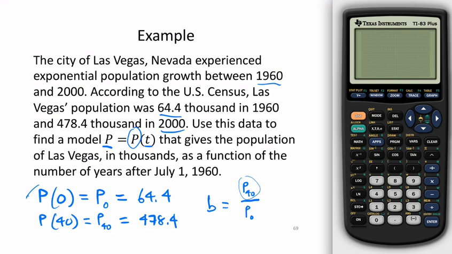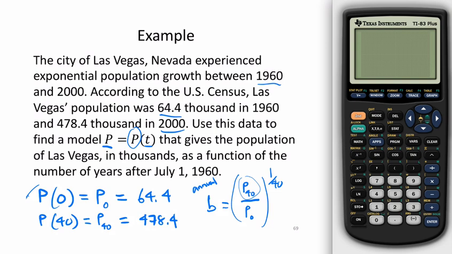So that's the multiplier that takes me from P sub 0 to P sub 40. Now, that's the 40-year base, but I want the 1-year base. 1 year is a 40th of 40 years. So if I take this ratio to the 1/40th power, I've figured out a 1-year base, an annual base. B is P sub 40 over P sub 0, to the 1/40th.